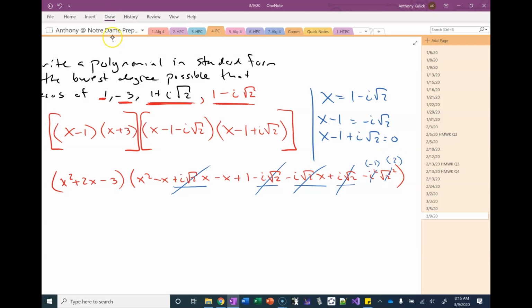Okay. So now when I combine my like terms in that second set of parentheses, I have an x squared. I have a negative x and another negative x, giving me negative 2x. I have a positive 1, and then minus negative 1 times 2, so that's plus 2, right? So that's going to give me positive 3.